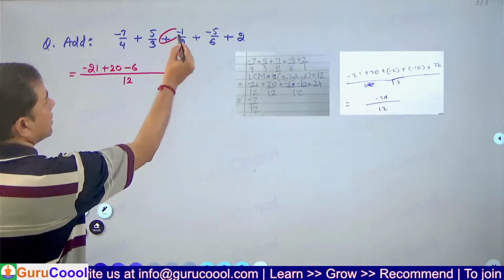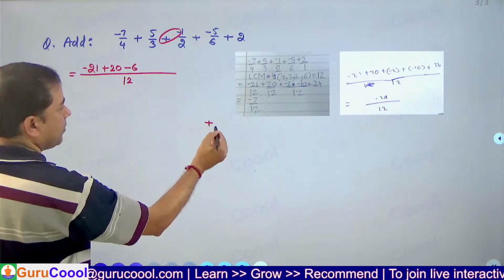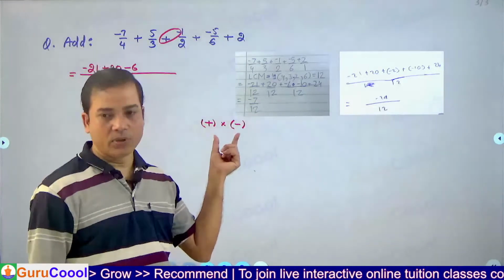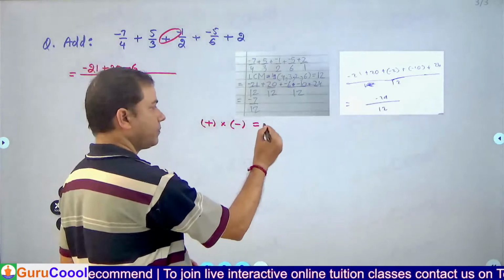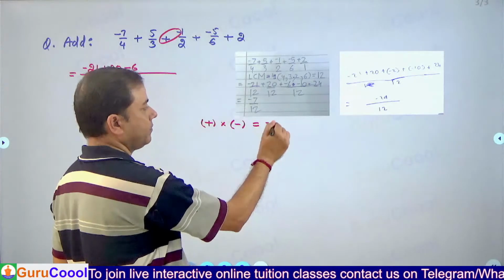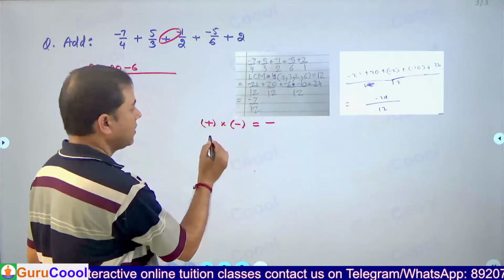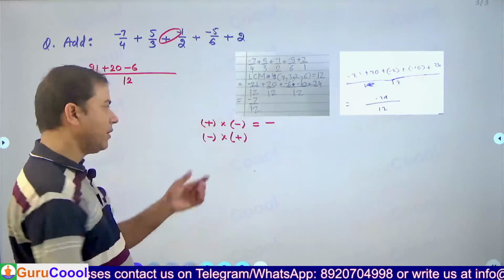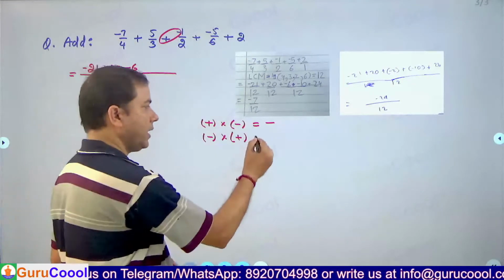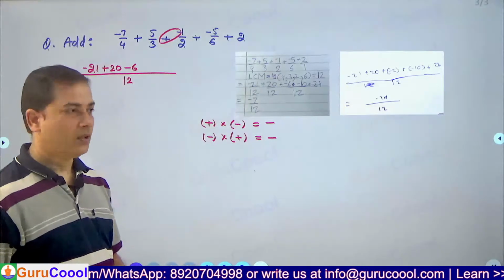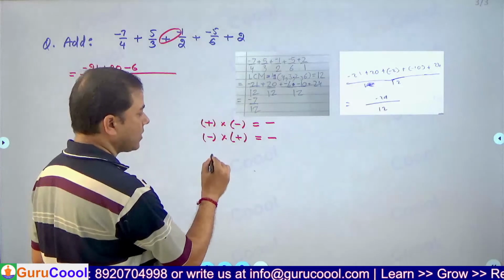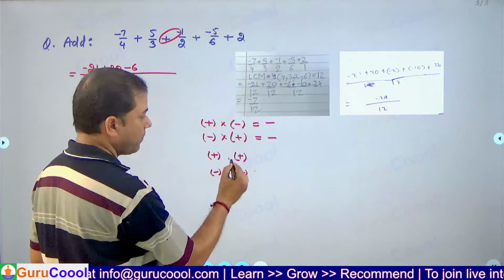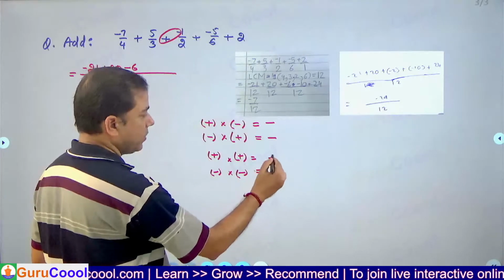Notice that plus and minus signs are together, that means you have to multiply. The product of opposite signs is always negative. You multiply plus with minus, or you multiply minus with plus, whenever you multiply opposite signs, you always get a negative sign. And whenever you multiply the same sign, like positive with positive or negative with negative, remember you'll get positive only.